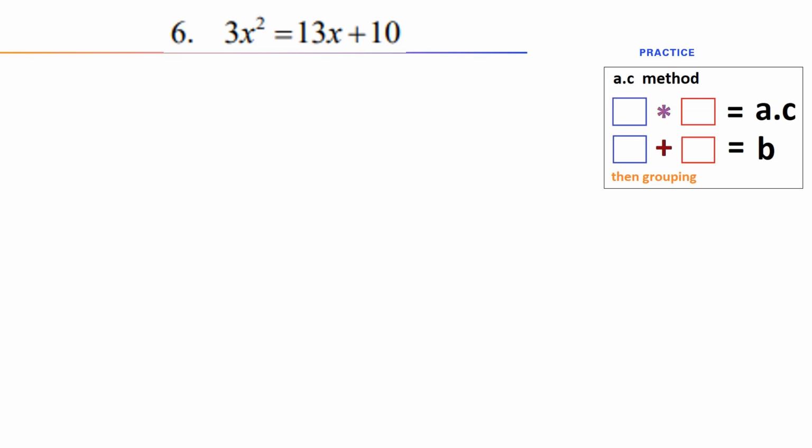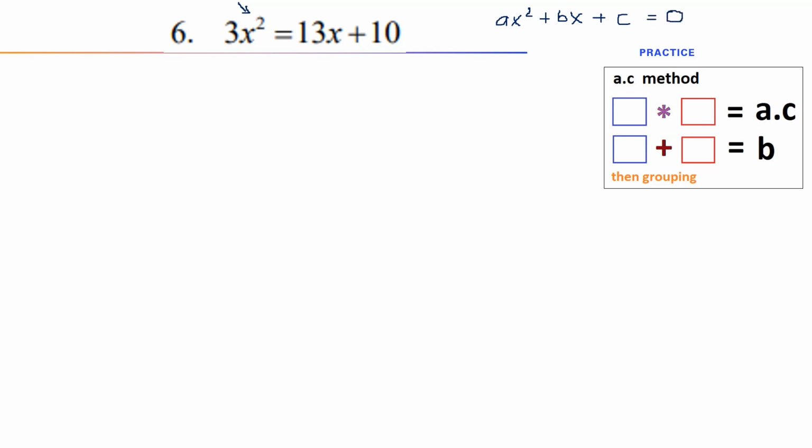Alright, now this one is 3x squared equals 13x plus 10. This one is a quadratic equation. We know it because the highest degree is squared right here. It's 2. So remember, we have to set this up as ax squared plus bx plus c equals 0.